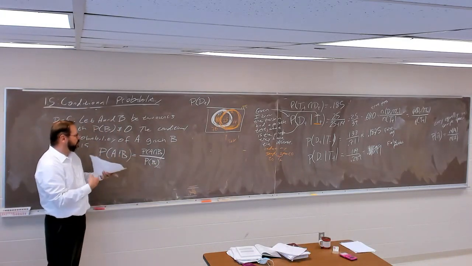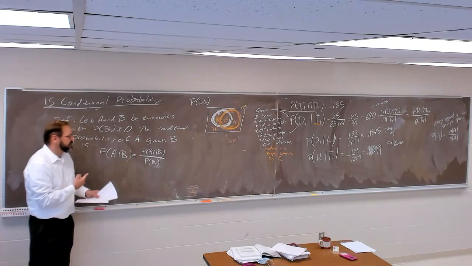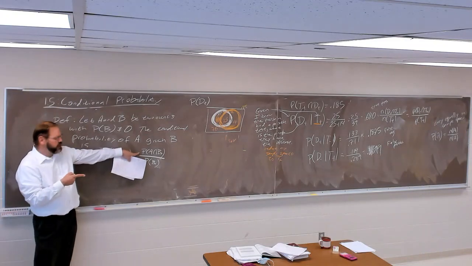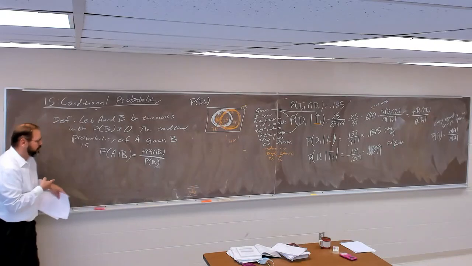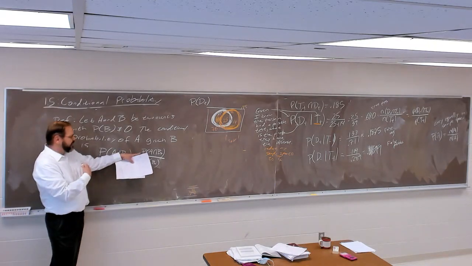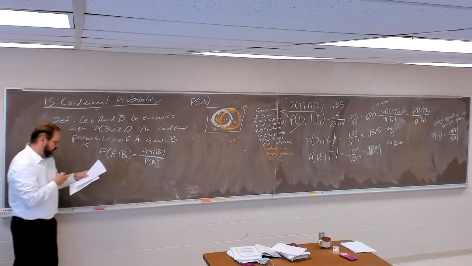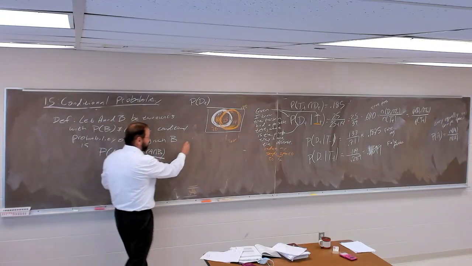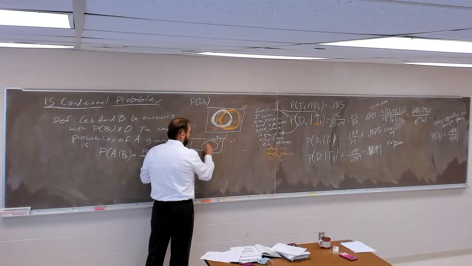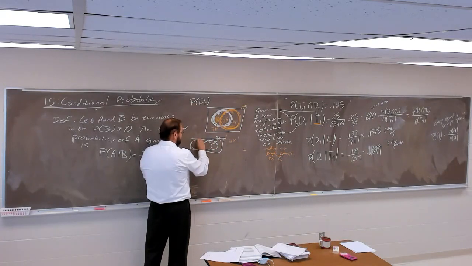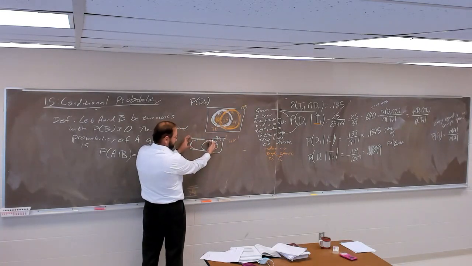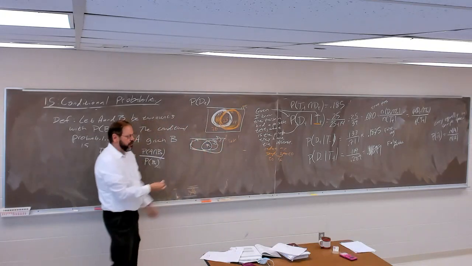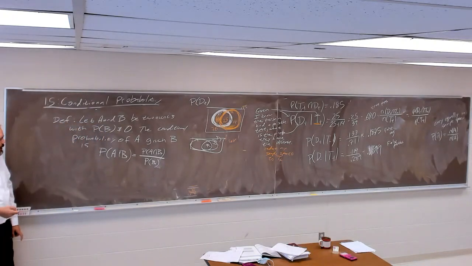If the things in the sample space were all equally likely, this is a much more general result, the one we're going to use more often. But if everything's equally likely, we could rewrite this as n of A intersect B divided by n of B. Okay. So again, think of it as, instead of looking at the entire sample space, omega, we're now just going to restrict it to B. And instead of thinking of the probability of A occurring in the entire sample space, we're going to think about just those things in A that are also in B. Okay. So that's our formula.